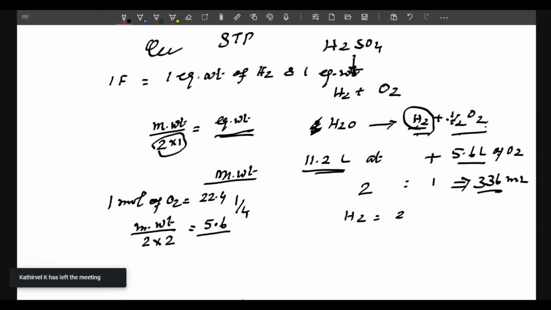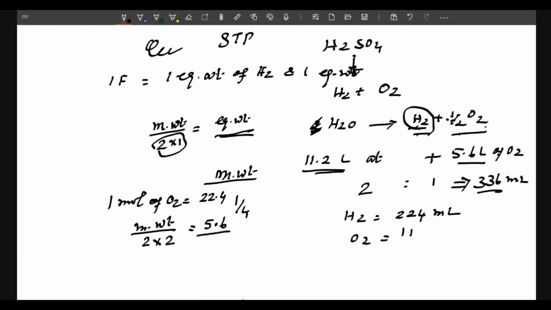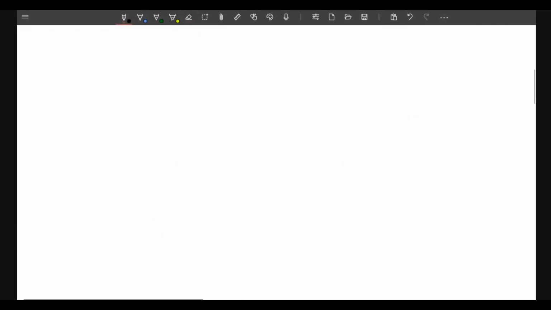That is equal to 224 ml for hydrogen, and 112 ml for oxygen. Therefore, we have separated how much hydrogen and how much oxygen. After finding this, you can calculate the individual volumes of hydrogen and oxygen.